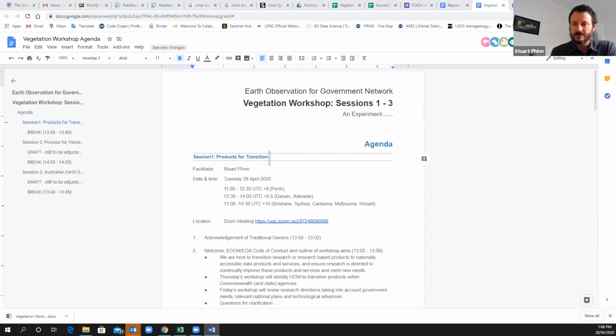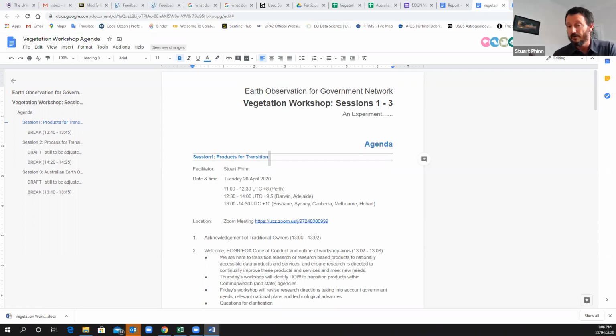Just before we introduce everyone, let's go through the aims and the context here. The purpose of this meeting and another one on Thursday and Friday is to start a process of transitioning from a set of products or services which are being tested in research or operate over smaller areas to nationally accessible data products and services.